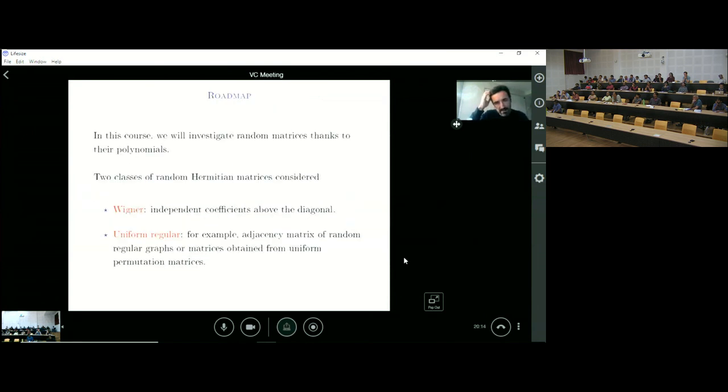So, as we will see in this course, the goal is to look at these powers of polynomials, powers of matrices for two types of matrices. The Wigner matrices, which are Hermitian matrices whose entries are independent above the diagonal, and what I call here a uniform regular, which are matrices that you can obtain, for example, from uniform permutation matrices or from adjacency matrices of random regular graphs and things like that.